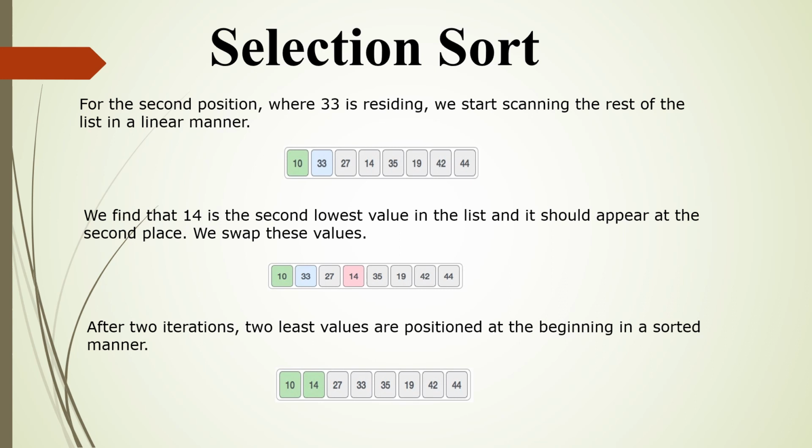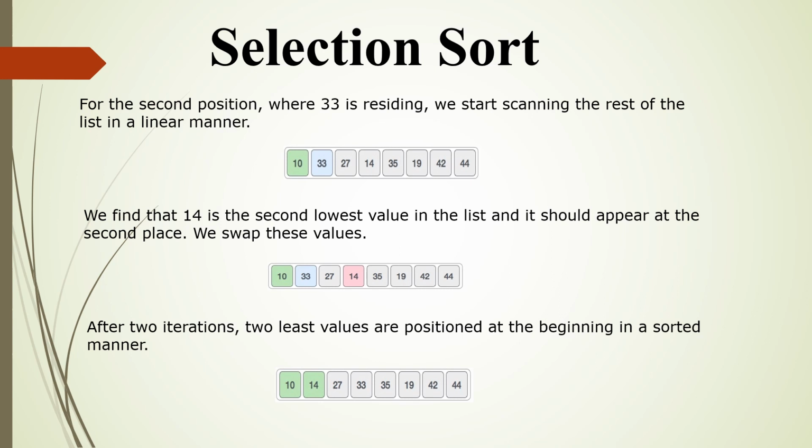Now after 10 reached its first position, the unsorted list is 33, 27, 14, 35, 19, 42 and 44. So we select the second position element, that is 33. Now the scanning will start from 33 to 44.